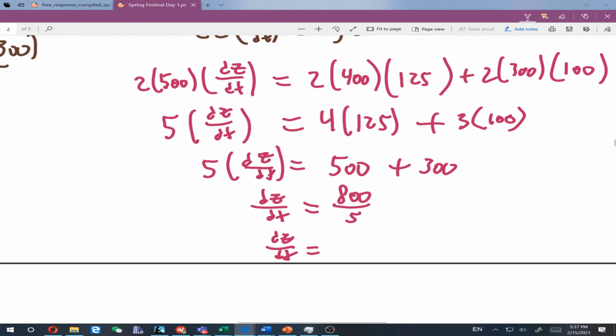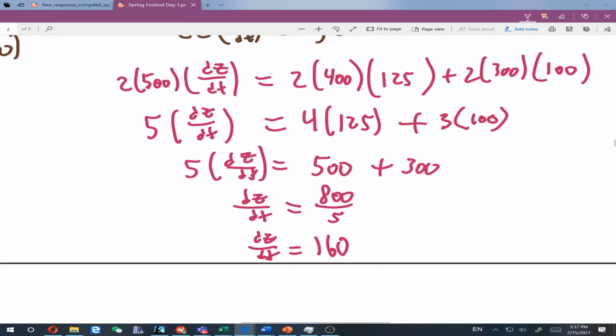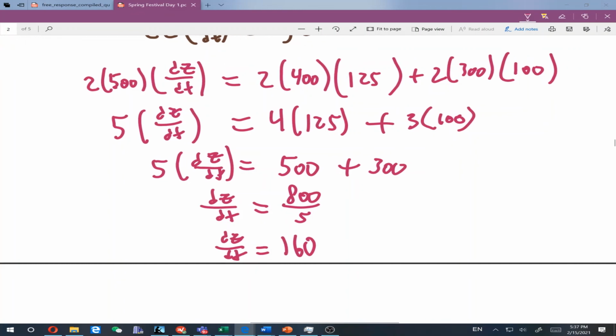Yep. Okay. So we've got 160. What are my units? Meters per minute. Perfect. Sorry, 160 is what you said the first time. My bad.